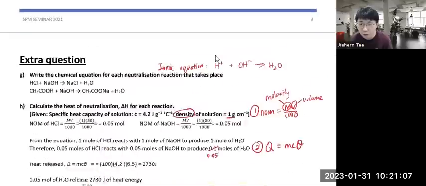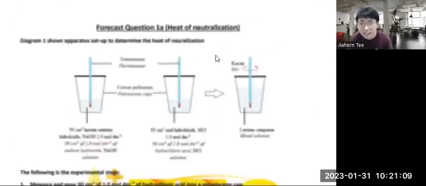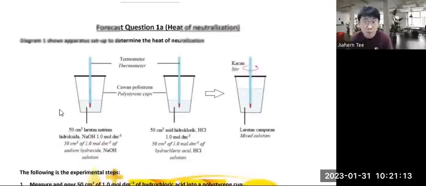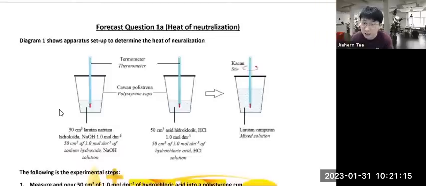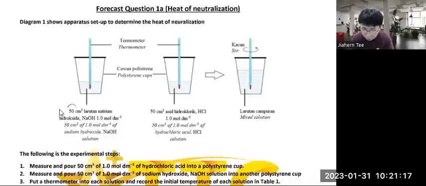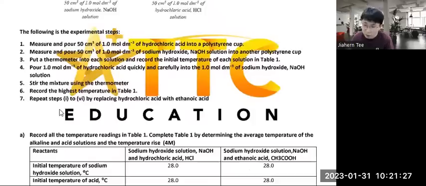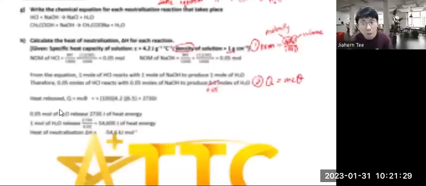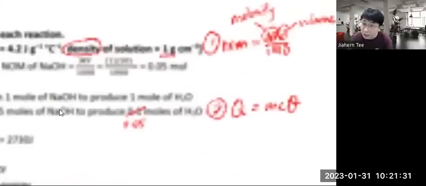Because if you try to go for the experiment, is there any mass to be used in MC theta? There's no mass, there's no solid here to be used in MC theta, but instead they have volume. But can you take volume assumed as mass in our calculation? Here, you can. Why? Because density equals 1. Why does density equal 1? You can assume like that.